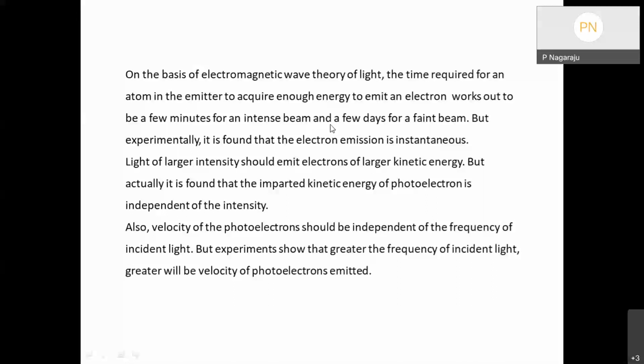But if the intensity of the beam is very low, it may go for a few minutes or days for a faint beam. And experiment shows that the electron emission is instantaneous.